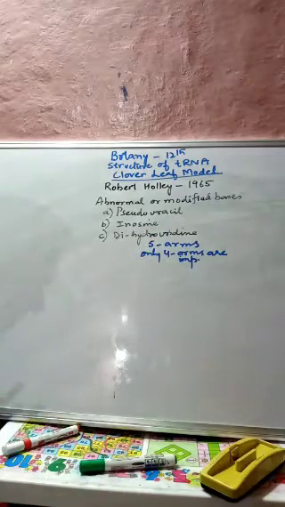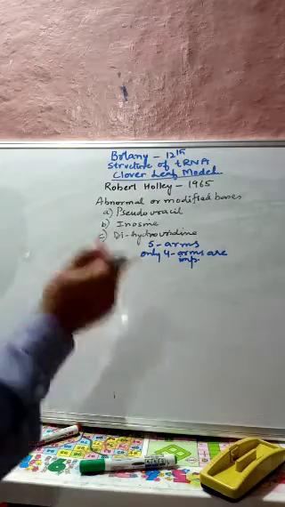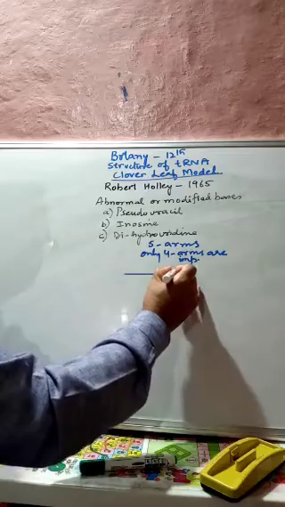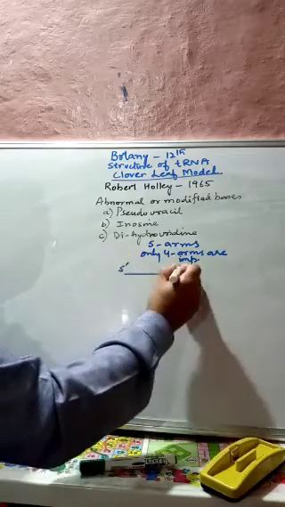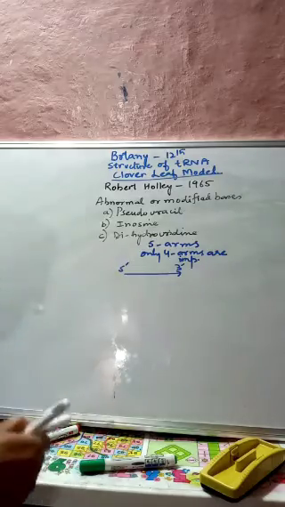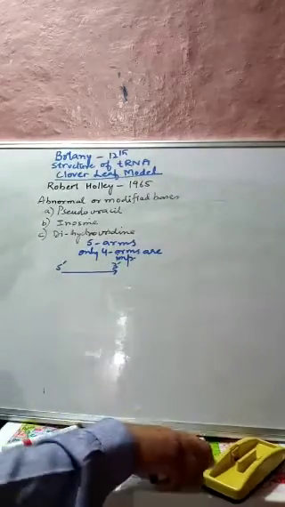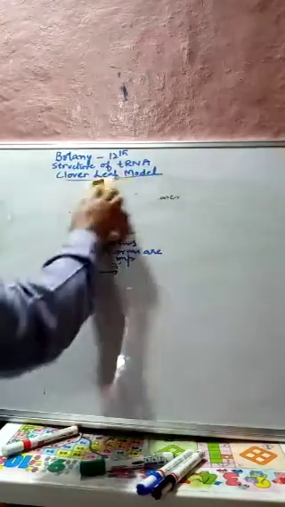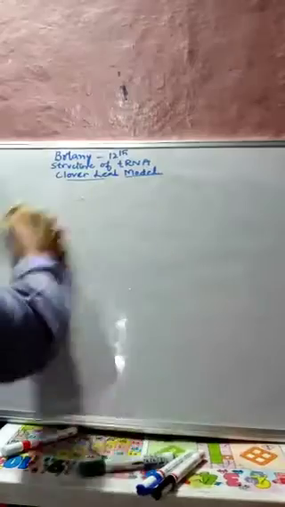Now the direction of this clover leaf model is 5 prime to 3 prime. So let us first draw the structure of this model. First let us try to draw the structure of this model.